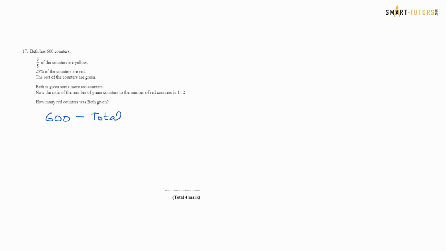And 3/5 of the counters are yellow. 5 goes into 600, 120 times, so 120 times 3 is 360 yellow counters. 25% are red. 25% means a quarter, and a quarter of 600 is 150, so 150 is the red.